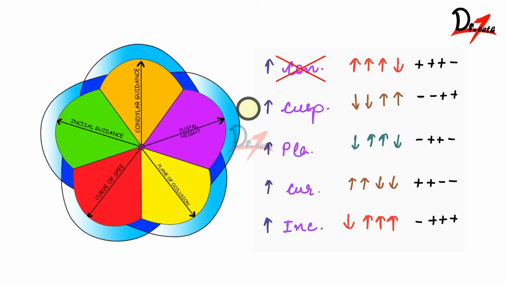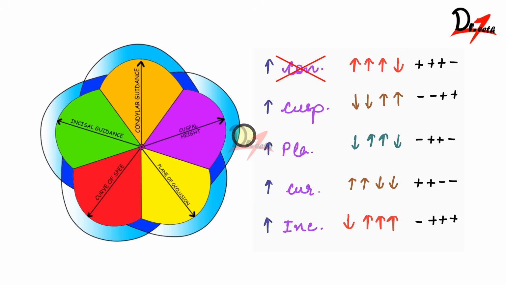Like when the condylar guidance increases, we have 3 plus 1 minus. So when the condylar guidance increases, the cuspal height, plane of occlusion, curve of Spee, all these 3 increase, but the incisal guidance decreases. So that is the significance of the pledge we had taken that we will go by sequence, just to memorize this, okay? No other logic behind it.